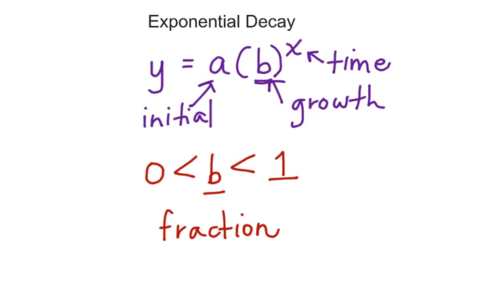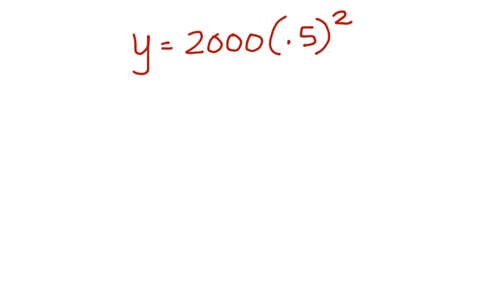So now let's take a look at a function that would represent exponential decay. Does this function represent exponential growth or exponential decay? Well, the first thing that we can notice is that there's a 0.5 here in the parentheses. That's our B factor, which is our growth factor. The 2 represents our time. Whether that's 2 months or 2 days or 2 years isn't clear by what we've been given.